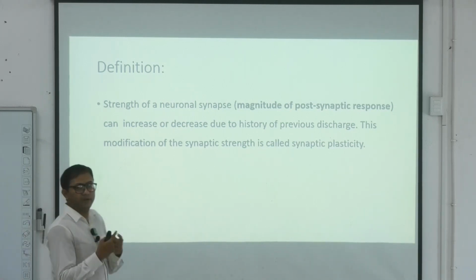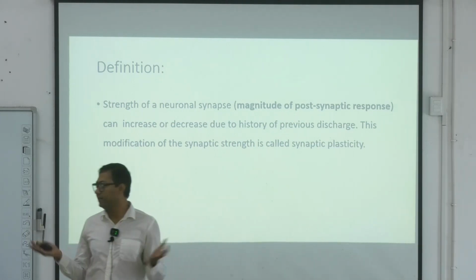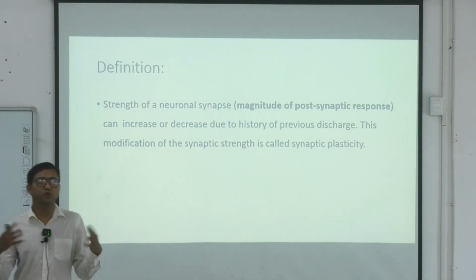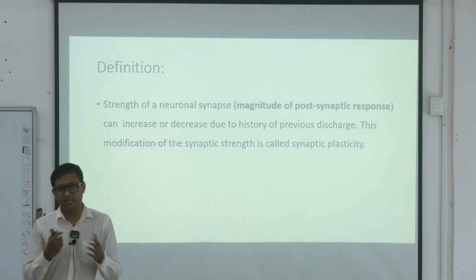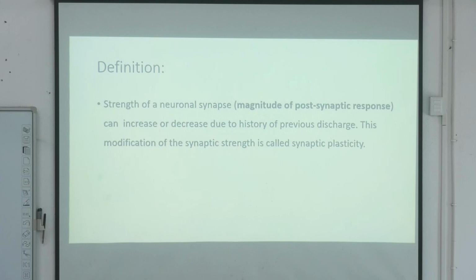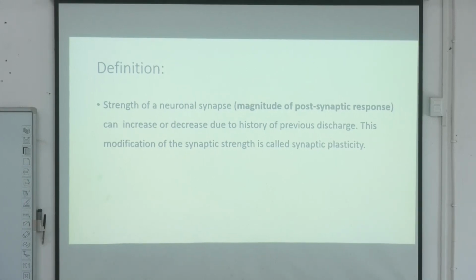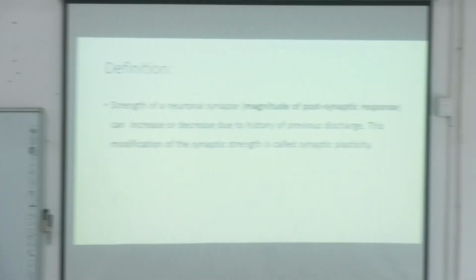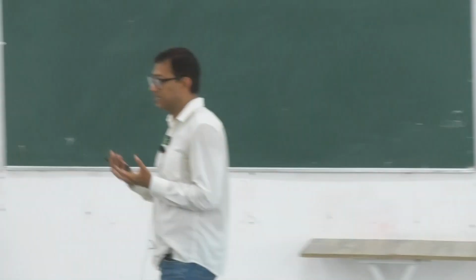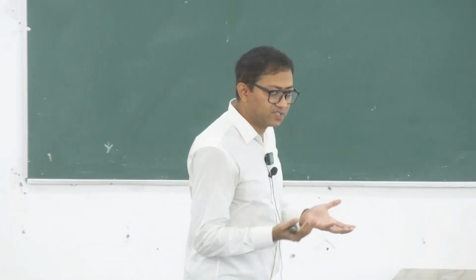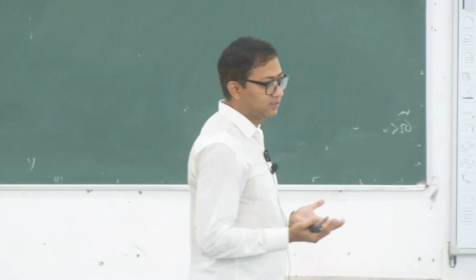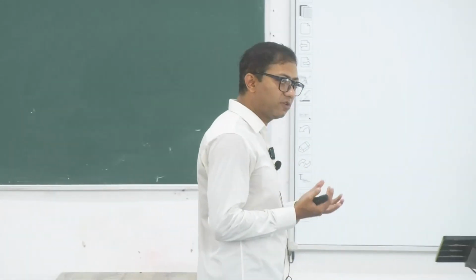Very simply, think very simply, the junction between two neurons is called a synapse, and this synapse has a particular strength, right? The strength of the synapse can be changed, can be modified, depending on the history of previous discharge.